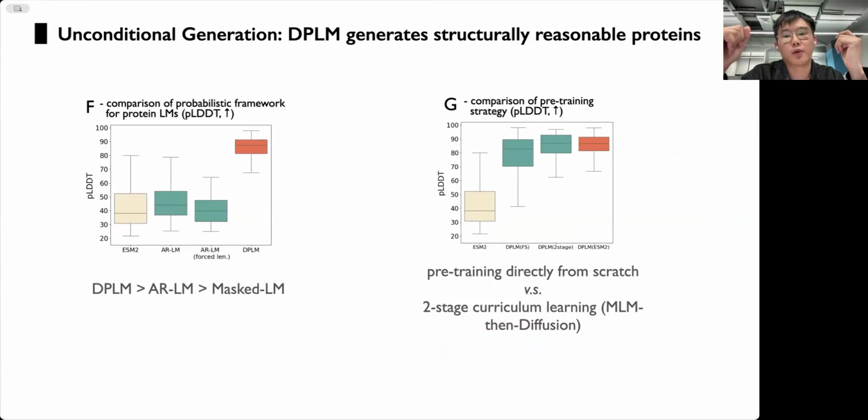We need to highlight that for an autoregressive language model, you cannot easily determine the length of the generated sequence, but in many cases you don't want the model to generate proteins of arbitrary length. So I think this is another weakness of autoregressive protein language models.